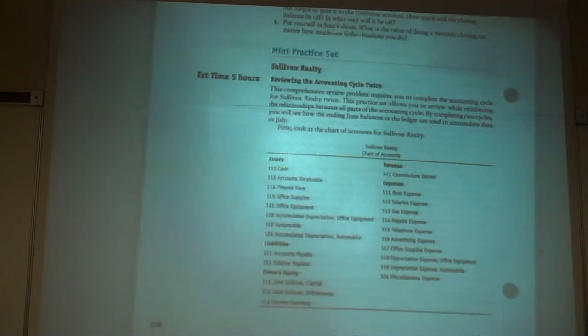And our instructions go all the way to page 219. No, not Sanchez. We're looking for Sullivan. Did I give you the wrong page? No.